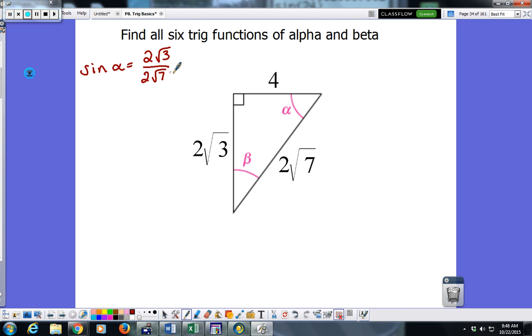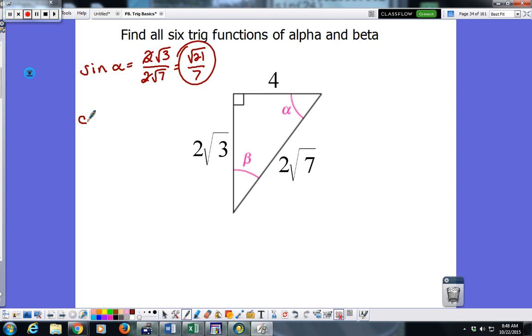I'm interested in you knowing how to do it, but I'll show you where you're going to have issues. It's probably the reduction part. 2 divided by 2, that cancels. Root 3 over root 7, you can't have a root on the bottom, so let's multiply top and bottom by root 7. Gives you root 21 over 7. That's the part I'm really interested in, being able to rationalize that denominator.